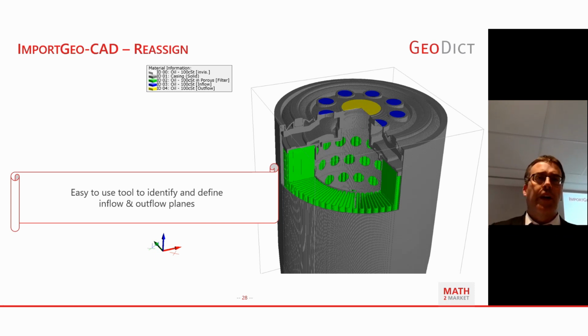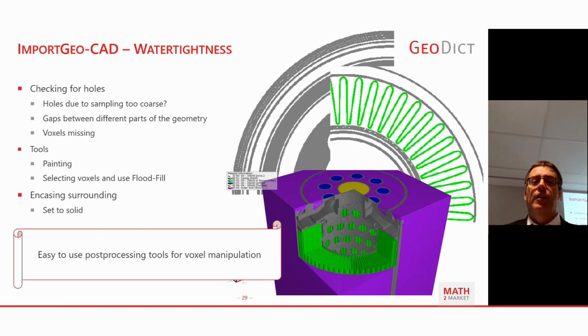For being sure of that, we need to be sure about water tightness. So one thing we always do is to check the geometry. In our case here, for example, we check for holes, maybe the sampling being too coarse. For example, if we had sampled that here with 500 micrometers, we probably wouldn't see a lot, and even the filter element wouldn't make it.